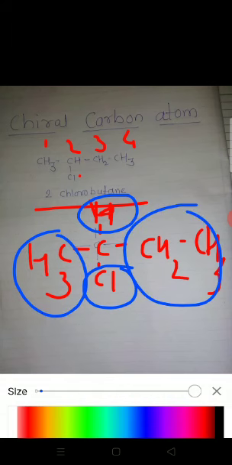That means in this example, carbon atom number 2 of 2-chlorobutane is attached to 4 different atoms or groups. Hence it is a chiral carbon atom or asymmetric carbon atom, and it is denoted by an asterisk. In this way it is denoted.